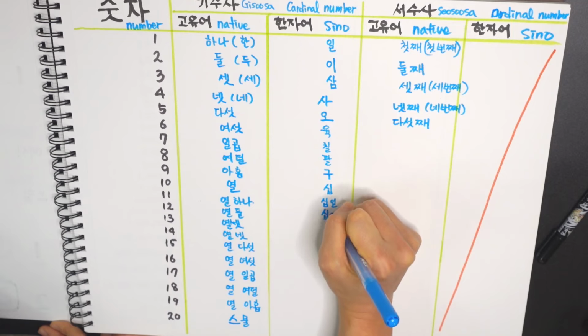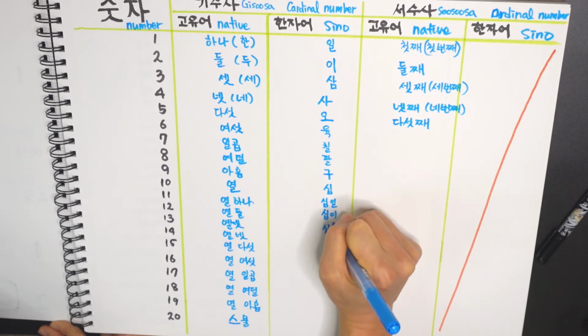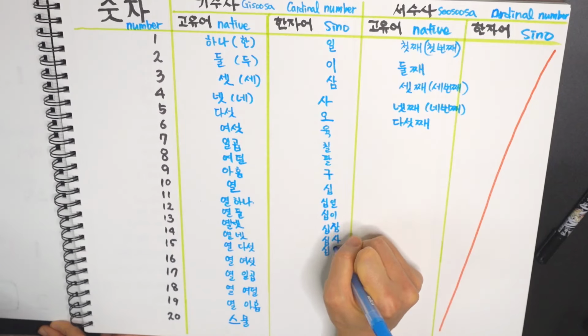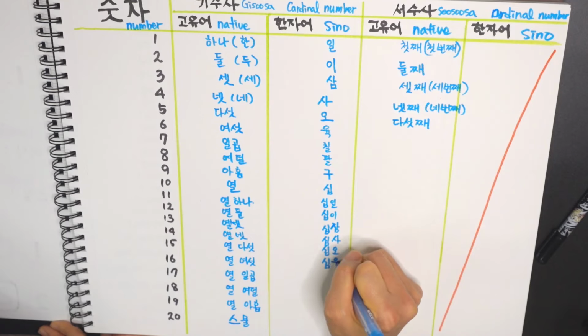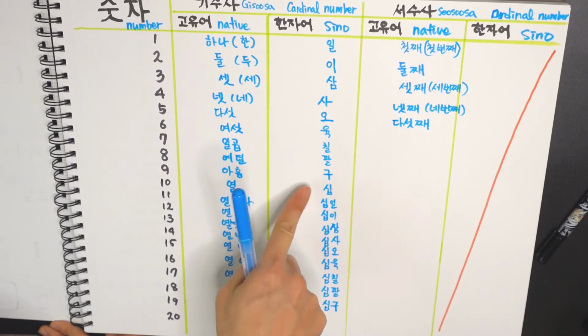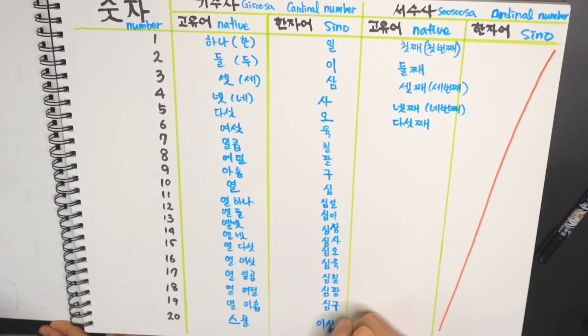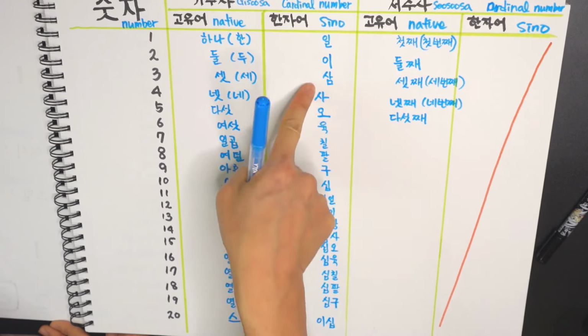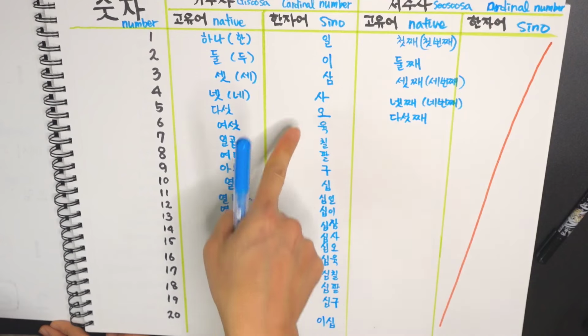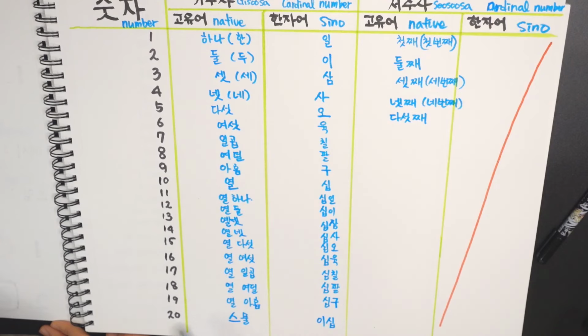So 12, 13, 14, 15, 16, 17, 18, 19, and we do 20. And 30 is 30, 40 is 40, 50 is 50.